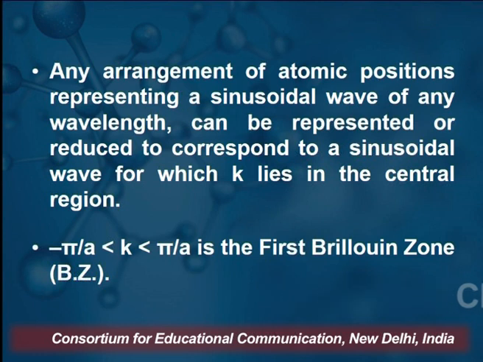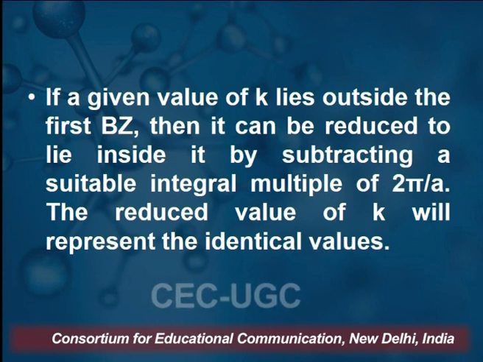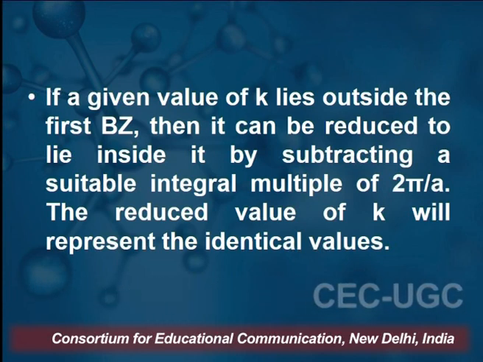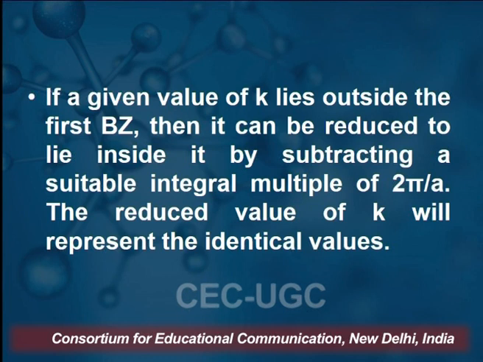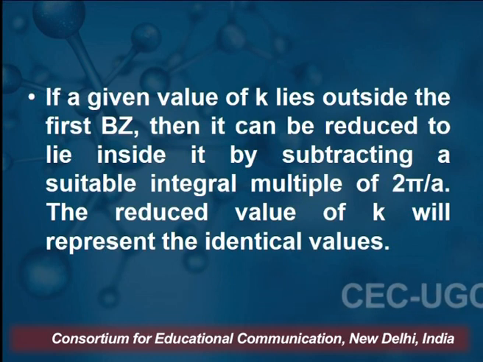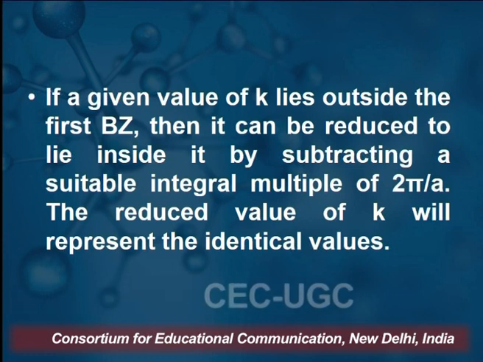That means I do not have to study the entire range of k values. If a given value of k lies outside the first Brillouin zone, then it can be reduced to lie inside the first Brillouin zone by subtracting an integral multiple of 2 pi by a.